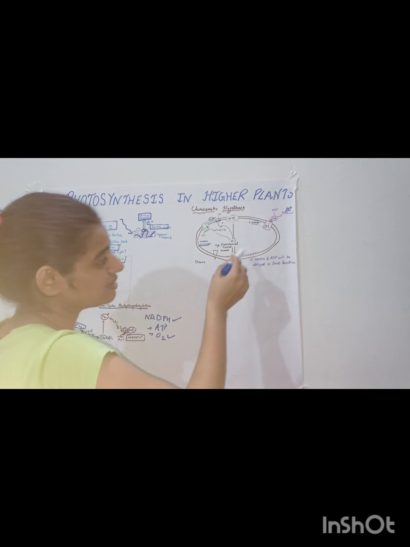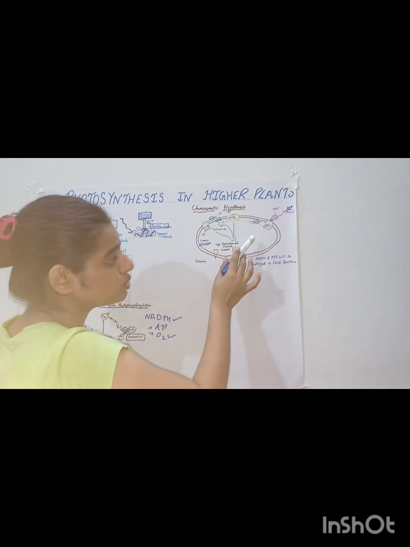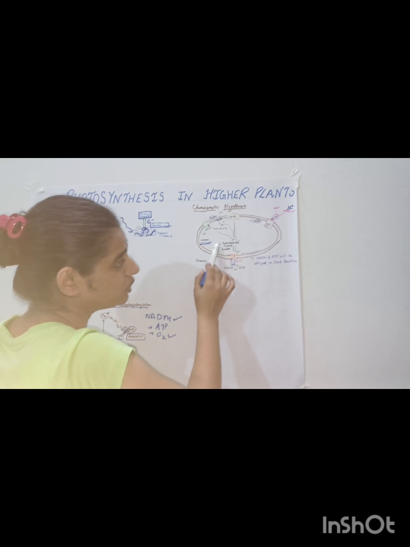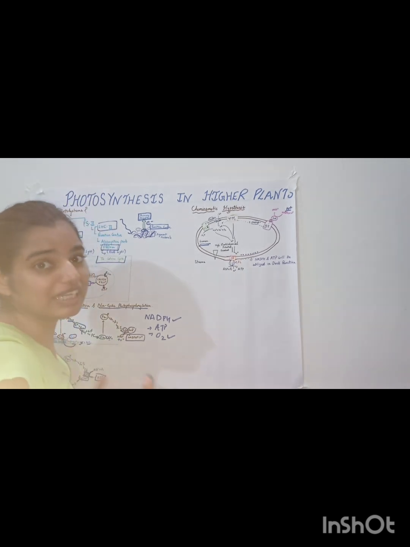So from these steps, the hydrogen ion concentration increases in the lumen, which generates the electrochemical potential or electrochemical gradient.